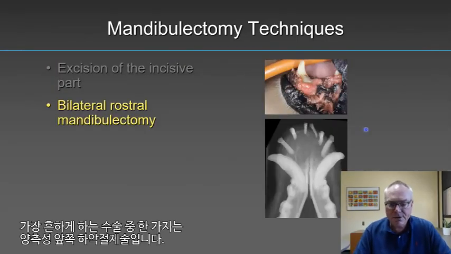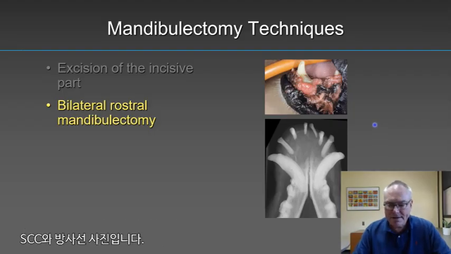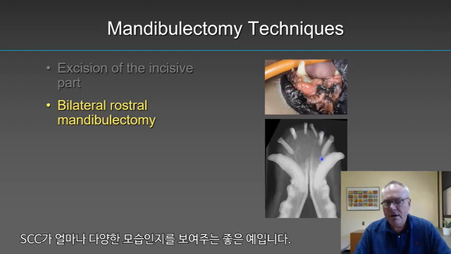The most common, or one of the most commonly used mandibulectomy techniques is the bilateral rostral mandibulectomy. Here we see a squamous cell carcinoma. This is the clinical picture, this is the corresponding radiograph, and it also illustrates how very different squamous cell carcinomas can present.